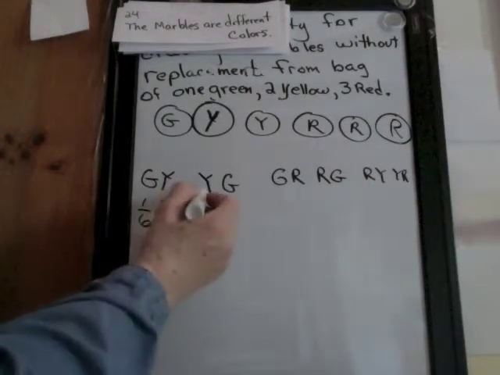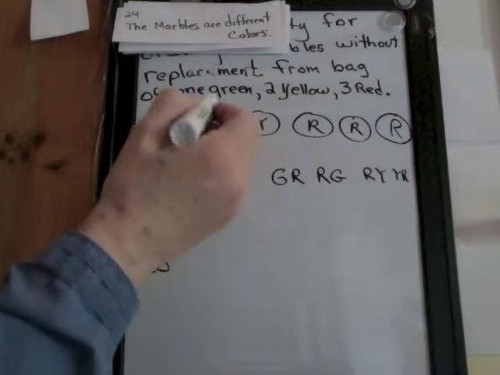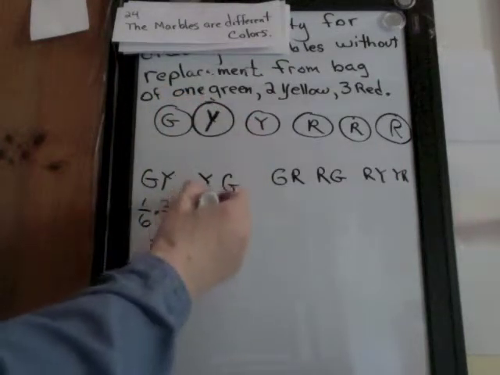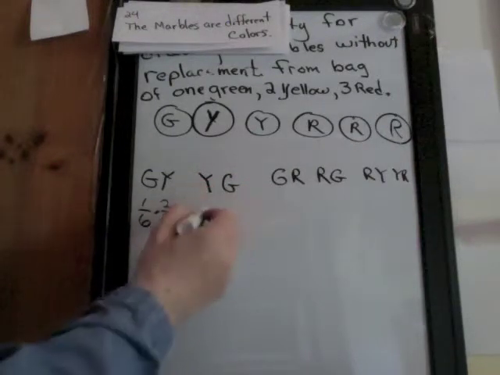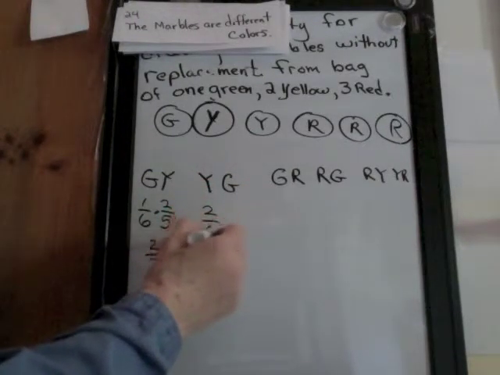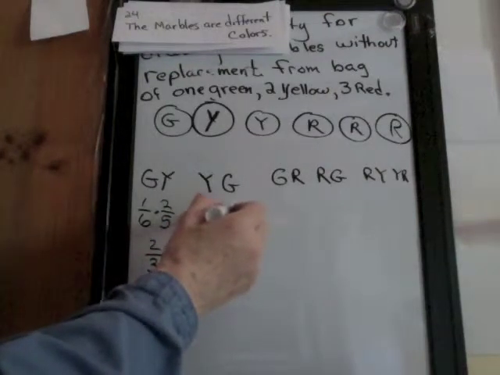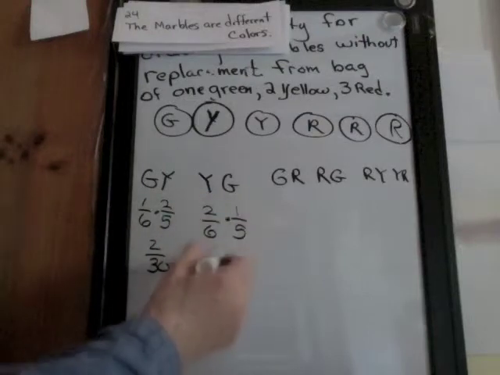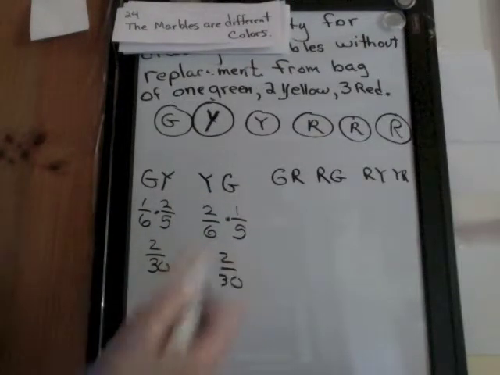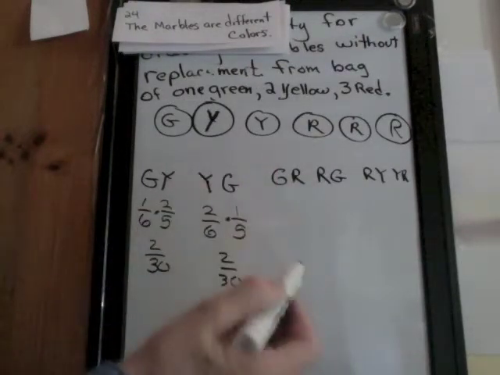To get a yellow and a green, what do I get? Well, to get a yellow first, right? That would be 2 out of 6. And then to get a green, it's 1 out of 5. 2 out of 30. All right. To get a green and a red, how do I do it?